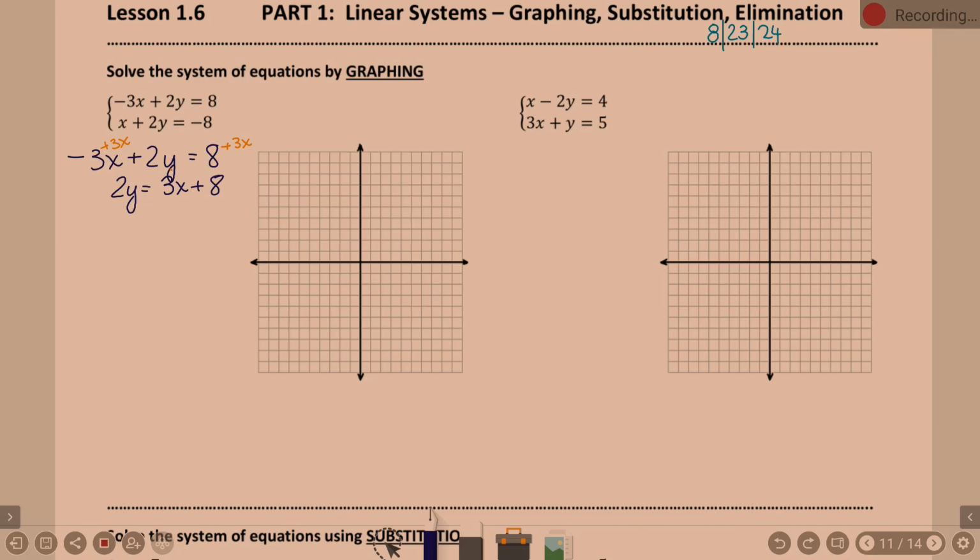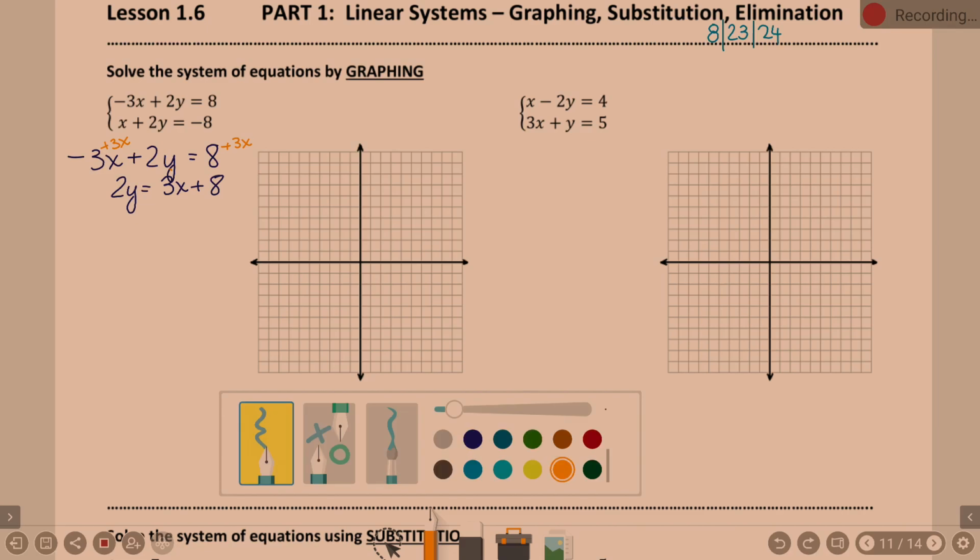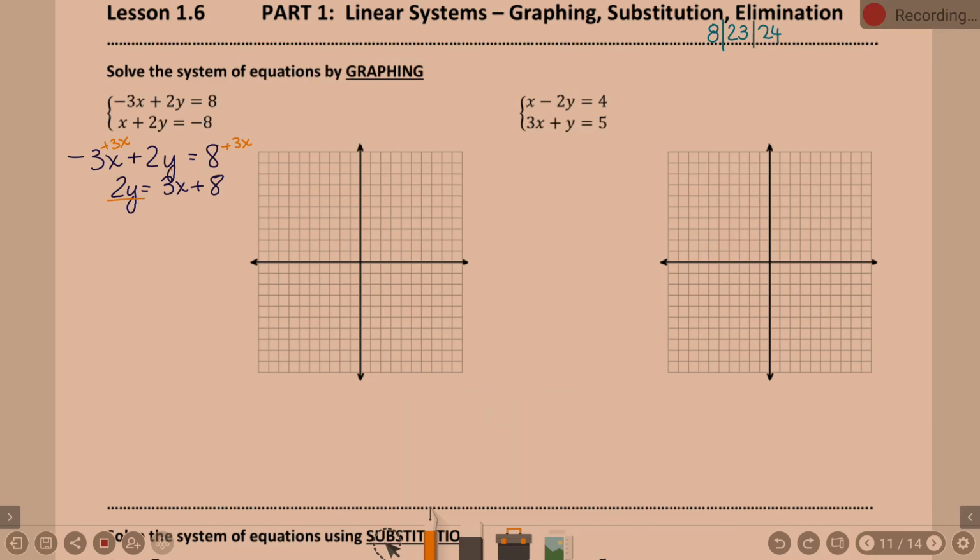How do I keep going? If it's 2y, I want y by itself, so divide by 2. What does this equation read as we rewrite it? Y equals 3/2 x plus, and 8 divided by 2 is 4, so I'm going to go ahead and put it that way.